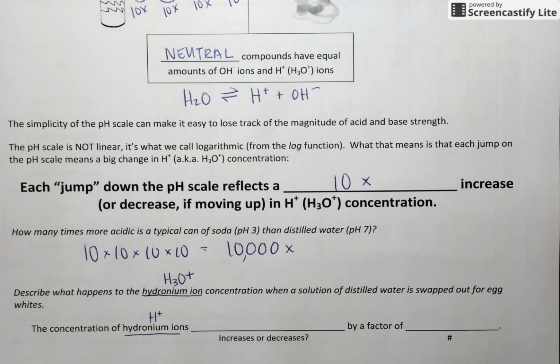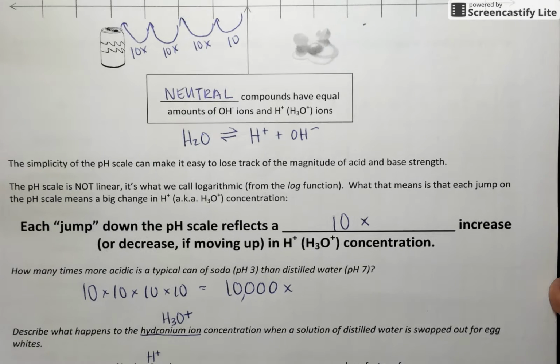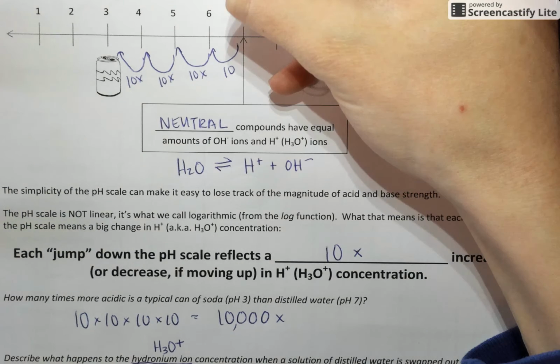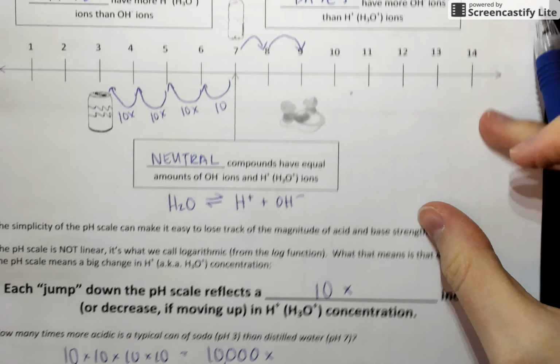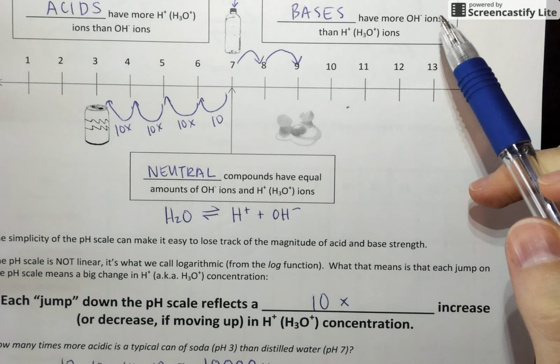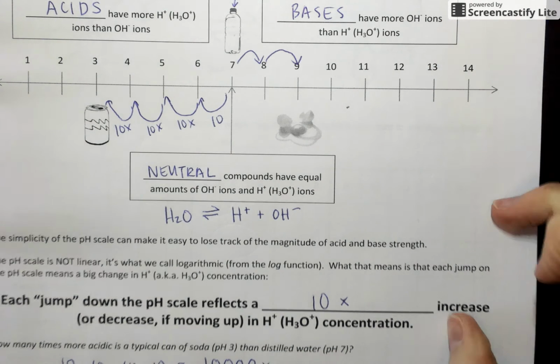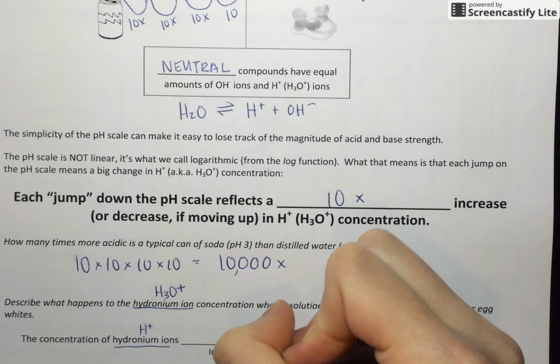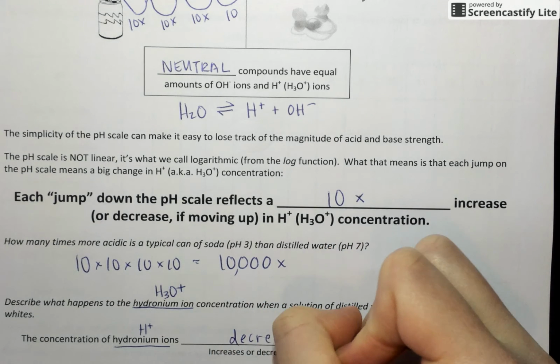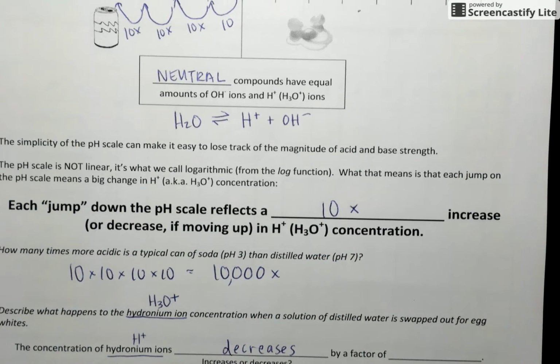So the concentration of H+ is going to increase or decrease when I move my pH from 7 to 9. Because I'm moving towards the more basic side, I'm increasing my OH- and decreasing my H+. So the concentration of hydronium ions must be decreasing, but by a factor of what?